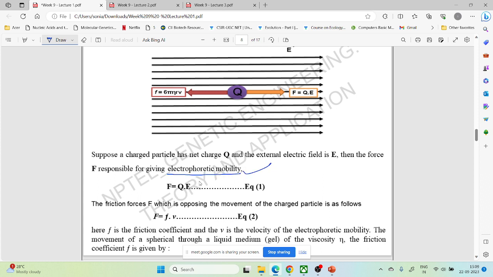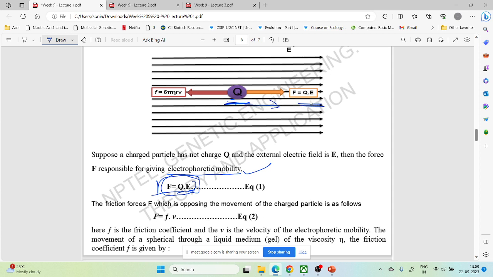And that force is your net charge times the electric field. So this force is responsible for the moving of the charge, the moving of your particle. So your charged particle is moving. This is the direction of the electric field. It is moving because of this force.